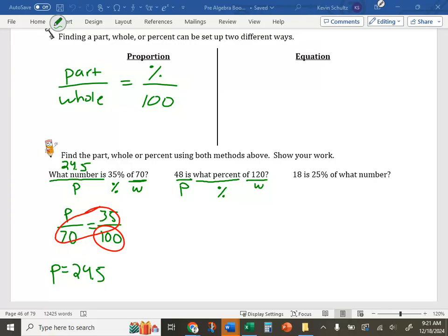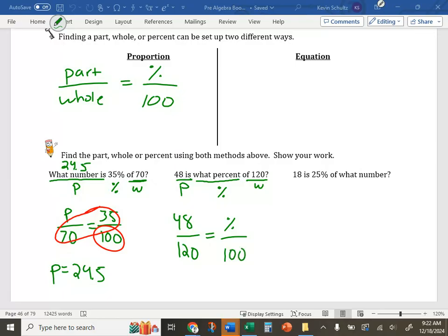So, Claire, what number are we going to put in place of the part here? 48. What number goes in place of the whole? 120. What do we put in place of our percentage sign? Just the percent sign. That's what we're solving for. Okay, if you want to use n, that's okay. All right? That's what we're solving for here. And then the 100 is always there.